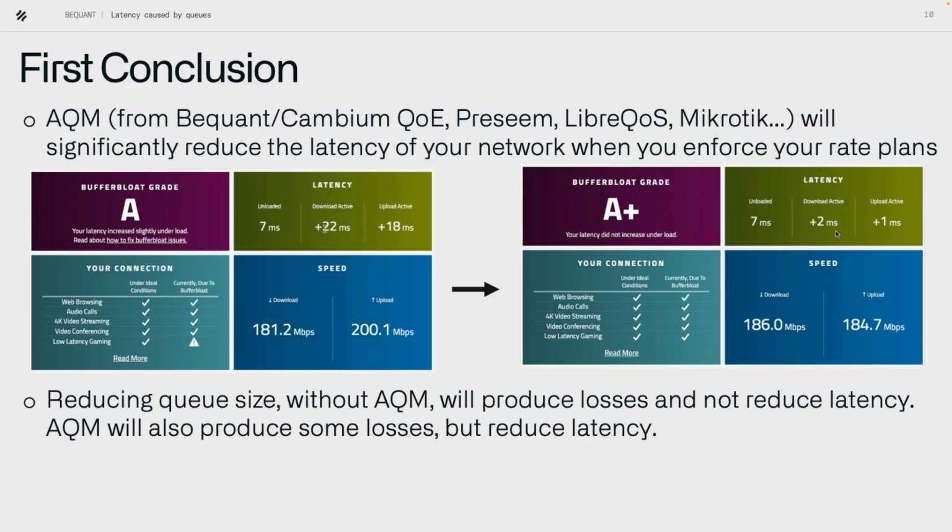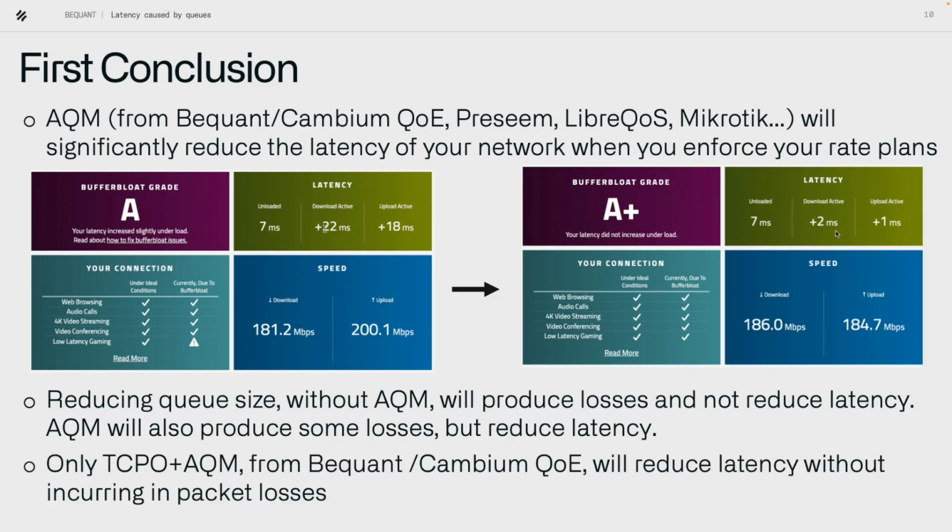AQM, whether it is Cake or FQ-CoDel, will also produce some losses, not as many as using very small queues, but those techniques are based on preemptively dropping packets. So while they will work in reducing latency, those losses can sometimes be a problem, especially in gaming, where losing maybe 1 out of 20 packets may have implications, or in voice over IP.